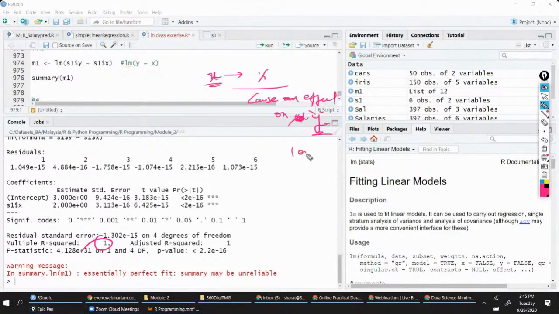We are able to capture 100%. That means Y is changing because of this change in X, and that change in Y is 100% caused by this.